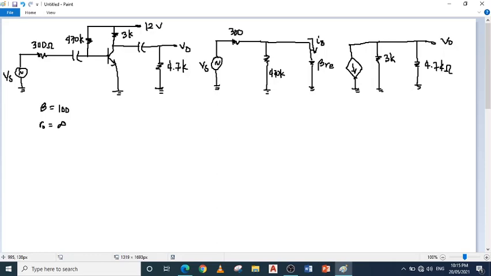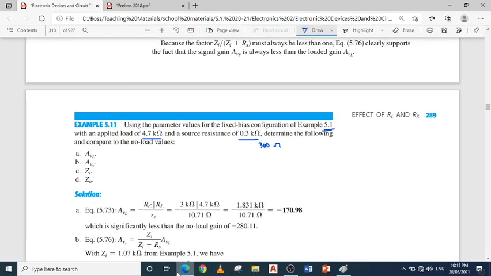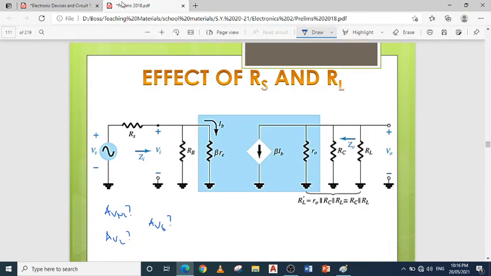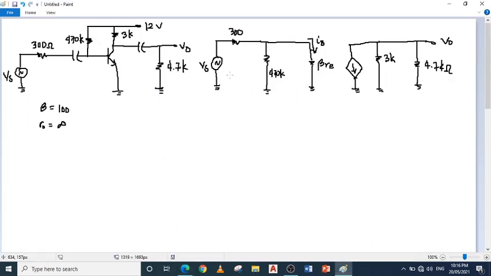Okay? So if we look at it, let's compare the circuit. Okay, there is no RO yet. So what are the things we have to obtain with these given values?